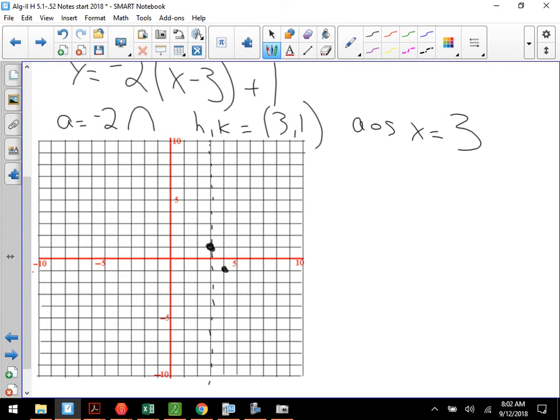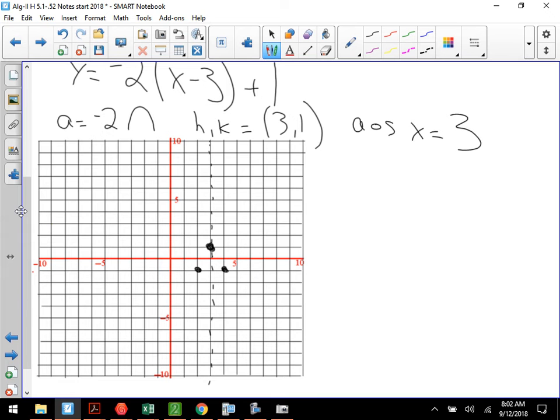If I pick 10, this could be way down there. I'm going to pick values that are close. Usually I'm going to pick the next two values, either to the right or to the left, and just substitute in. Because if this spot is 1 away, what has to be here? 1 away. I do it again with 5.